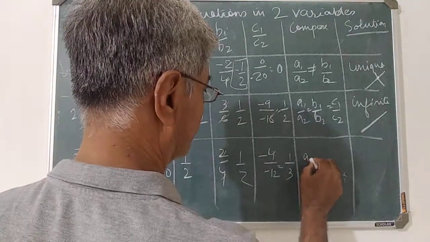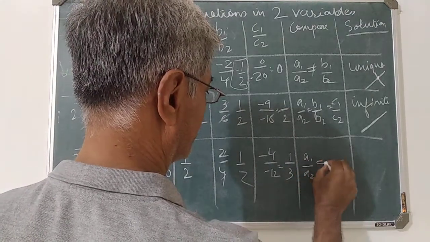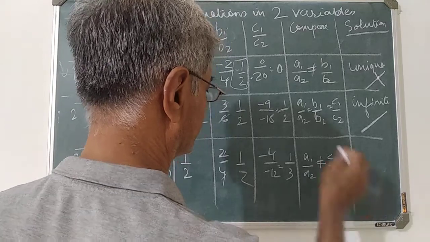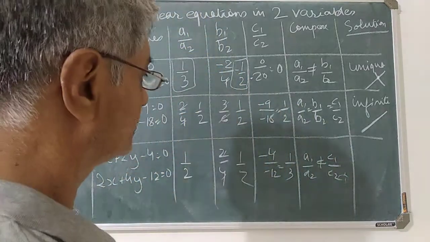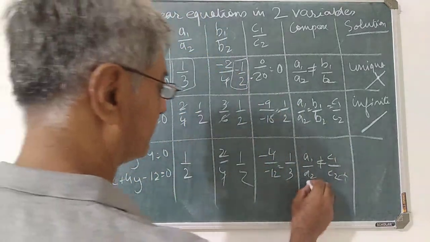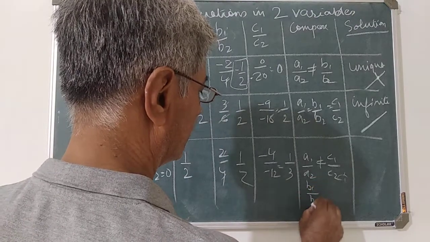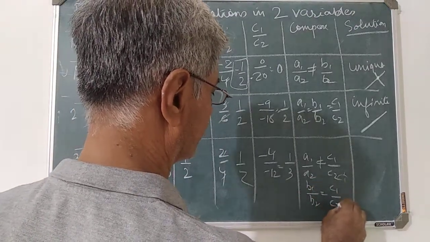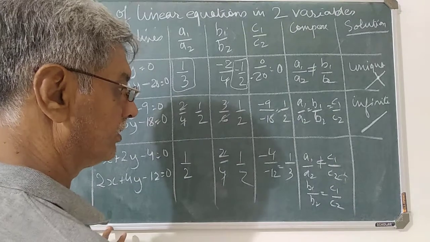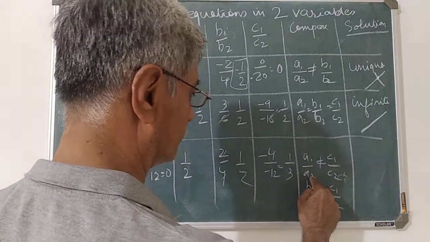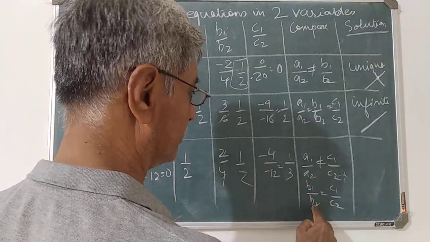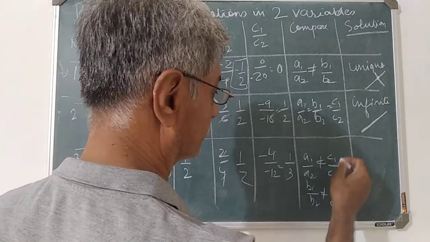So a1 upon a2 is equal to b1 upon b2 and is not equal to c1 upon c2.